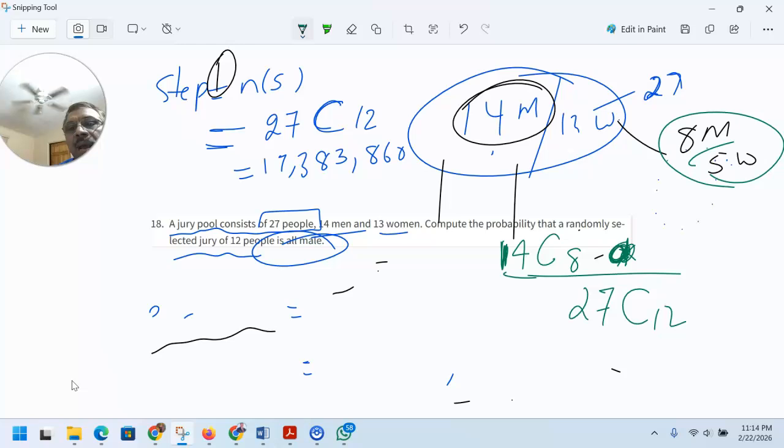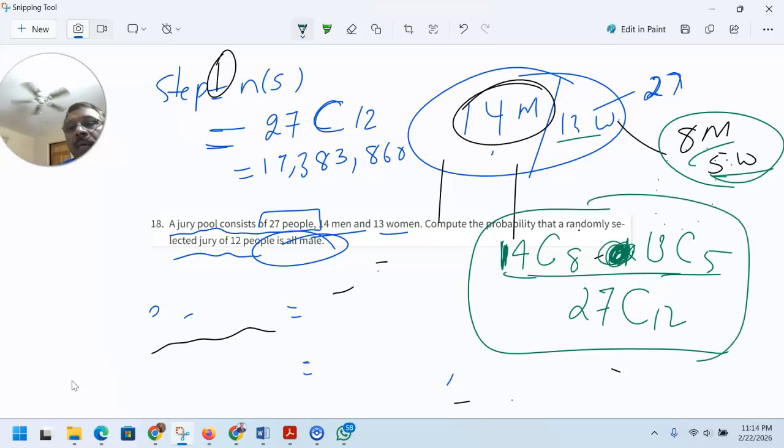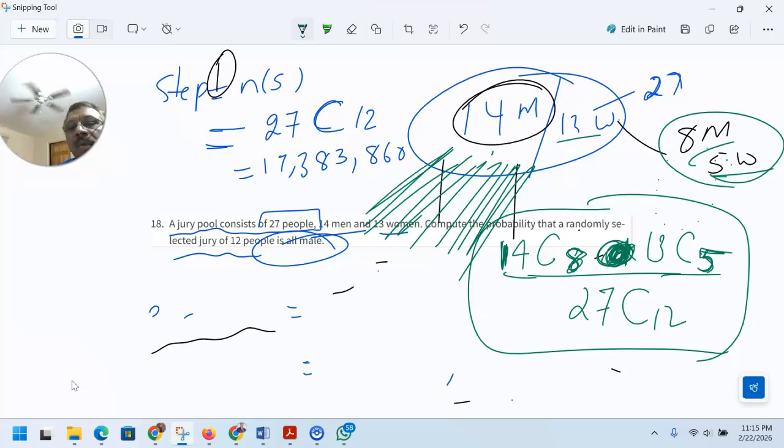And once that is done, the other members are women, so that will be out of 13 because there are 13 women, and then you're picking 5 of them. So this is how the problem changes depending on the question. As long as the numbers add up together, 8 and 5 becomes 13, that's how you're selecting a jury. So a jury of members. I hope I'm making sense.